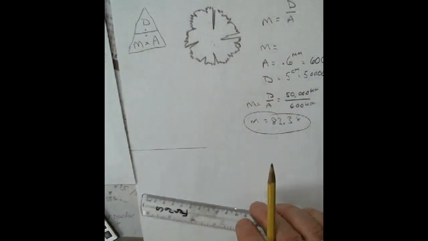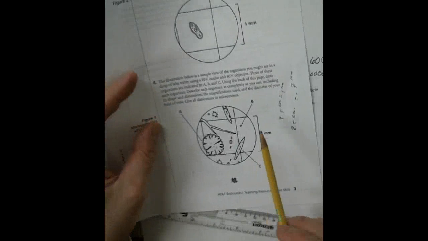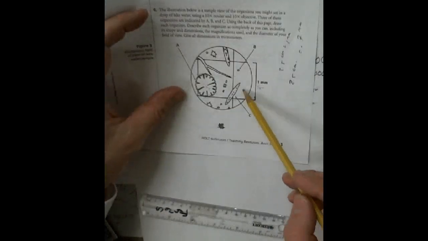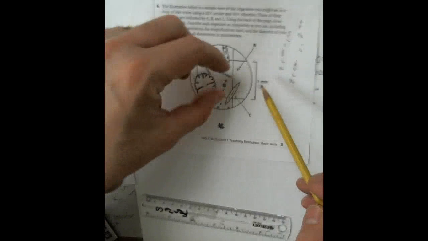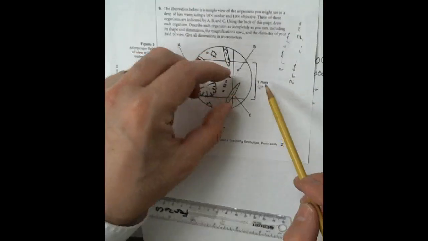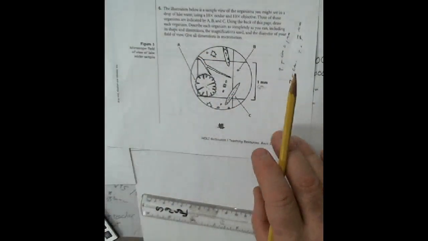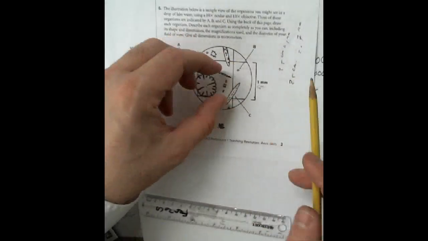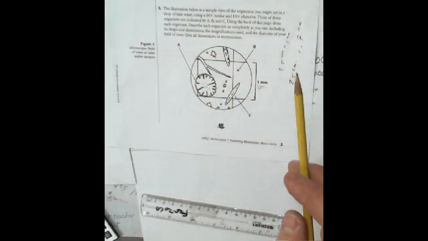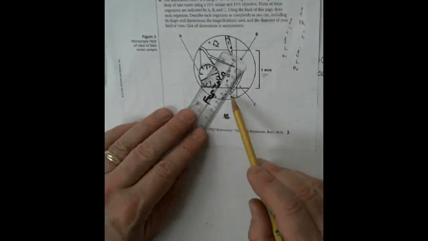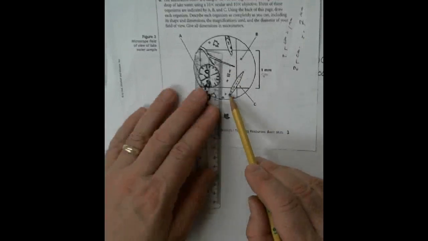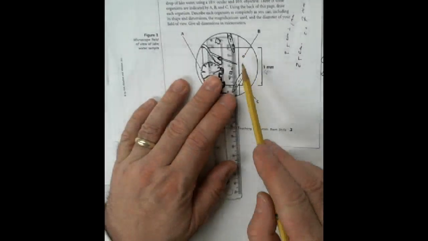We'll do the same thing with letter C here. When we have letter C, we can estimate the size of letter C compared to the scale bar. It looks like it's probably about 70% of the way. We could use a ruler to do that also. We could measure the distance from here to here, and then compare it to the distance from edge to edge here.